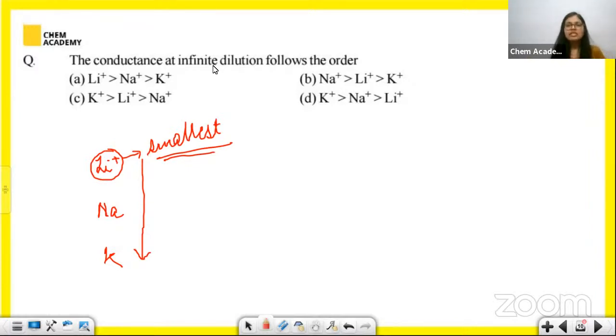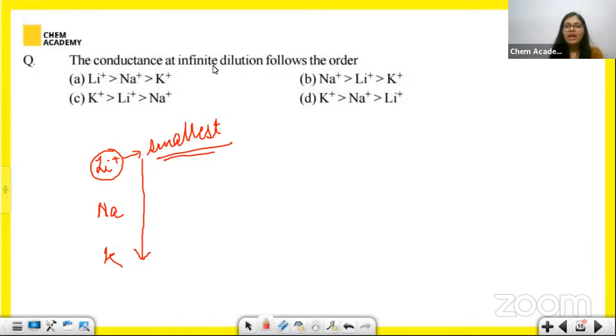When so many water molecules stick around Li plus, its size, from being the smallest, becomes the biggest in aqueous solution, in comparison to Na plus and K plus.